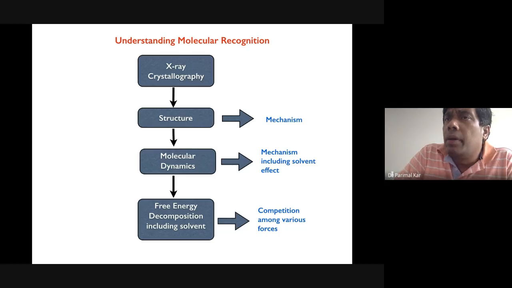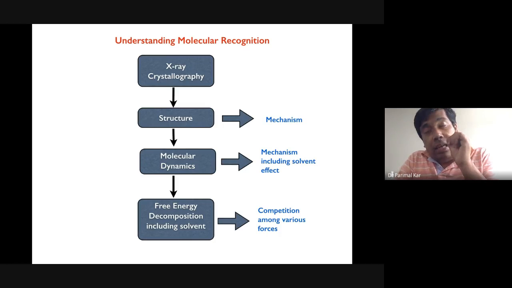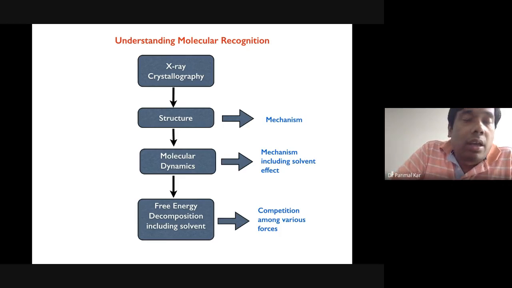Well, you need it because you are missing something in the experiment. One of them is the solvent effect. All of you know that proteins or any biological macromolecules reside in some kind of solvent environment. It could be an aqueous environment or a membrane environment.